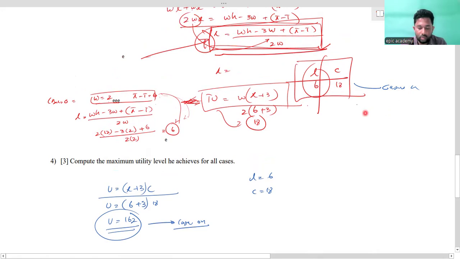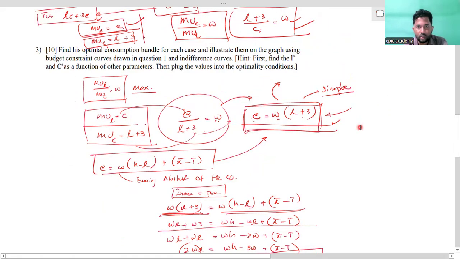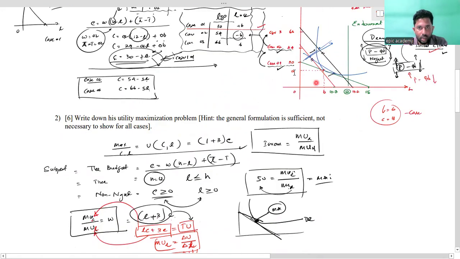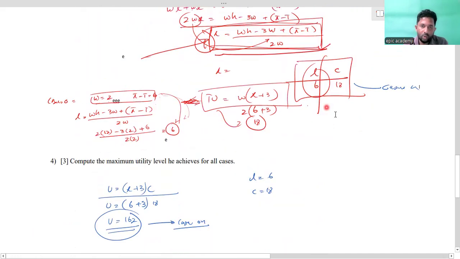This part is only for case 1, 18 and 6. We already calculated only case number 1.